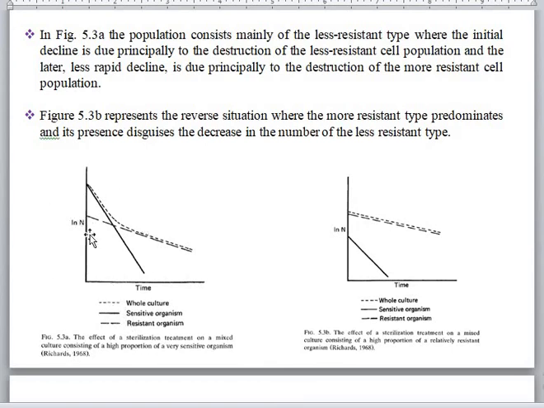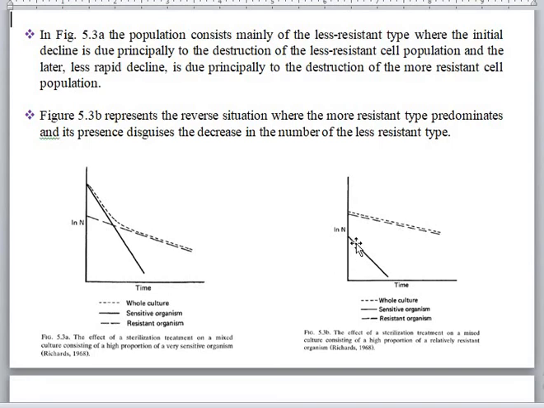So this is the sterilization of a mixed culture. Here you can also see the effect of sterilization treatment on a mixed culture consisting of a high proportion of relatively resistant organisms. This is the resistant organism, so it has to be avoided.